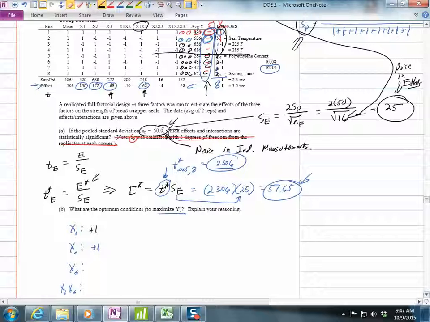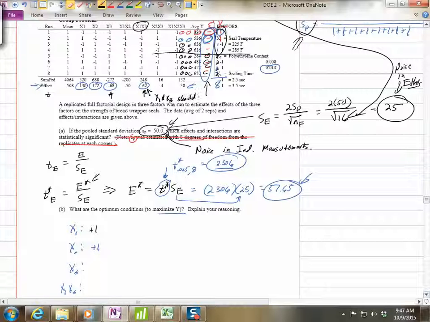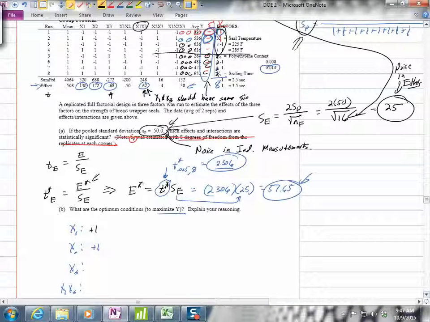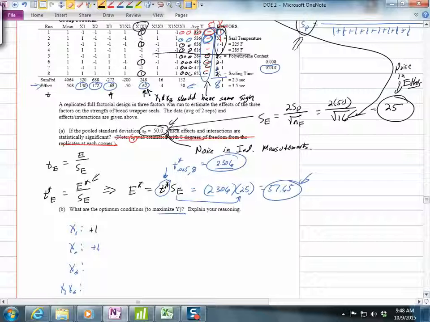So since we have a positive 62 and we're trying to maximize y, it's saying x1 and x3 should have the same sign. Does everyone get that's what that interaction is telling us? Because when they're the same sign, we get that result, and those four had larger y's than the other four.